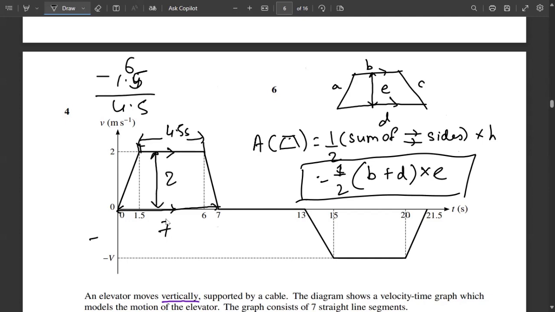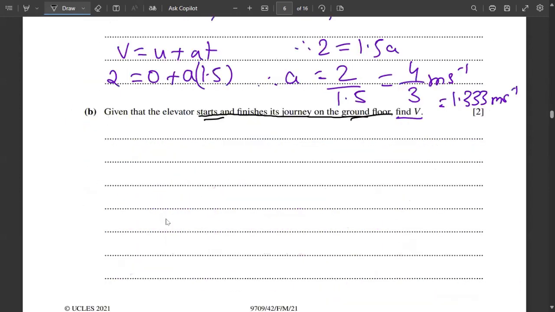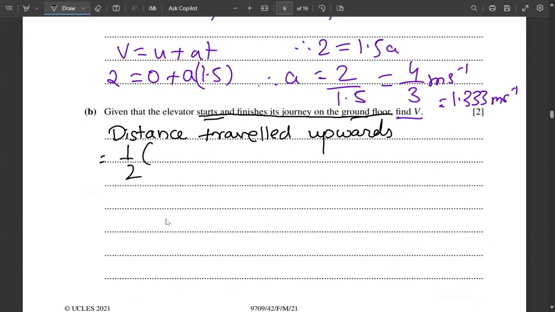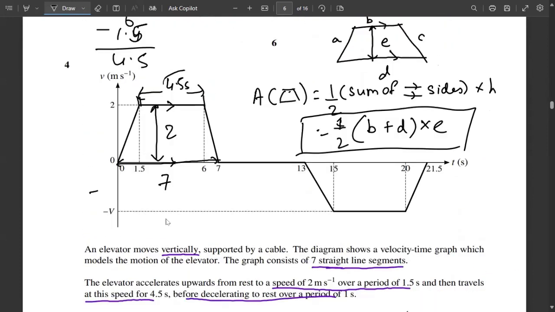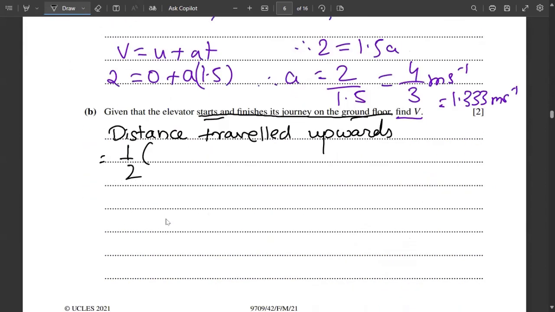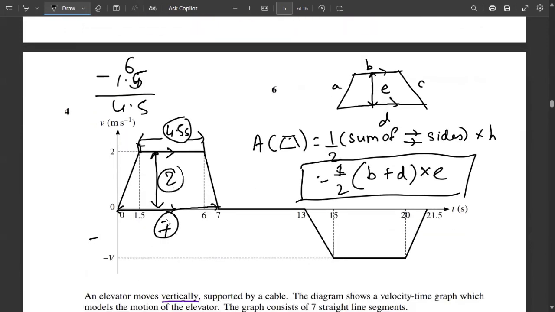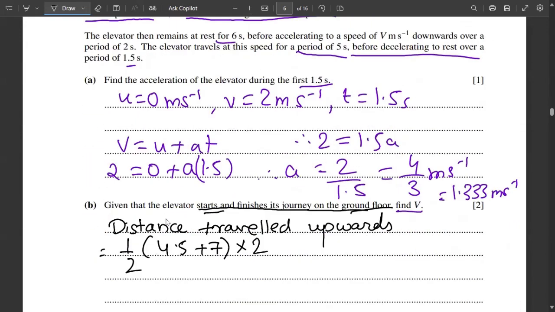So the area of this trapezium, that means distance traveled upwards, is equal to half into sum of parallel sides, 4.5 plus 7, and height is 2. The 2 cancels out. So 4.5 plus 7 is 11.5 meter. So 11.5 meter is traveled upwards.